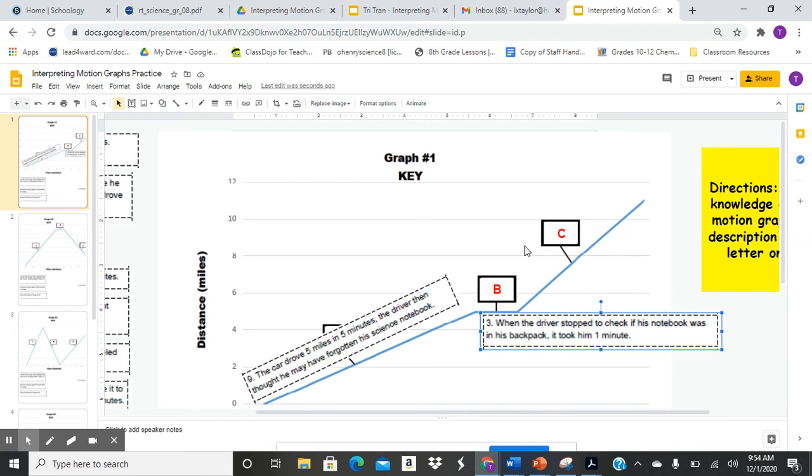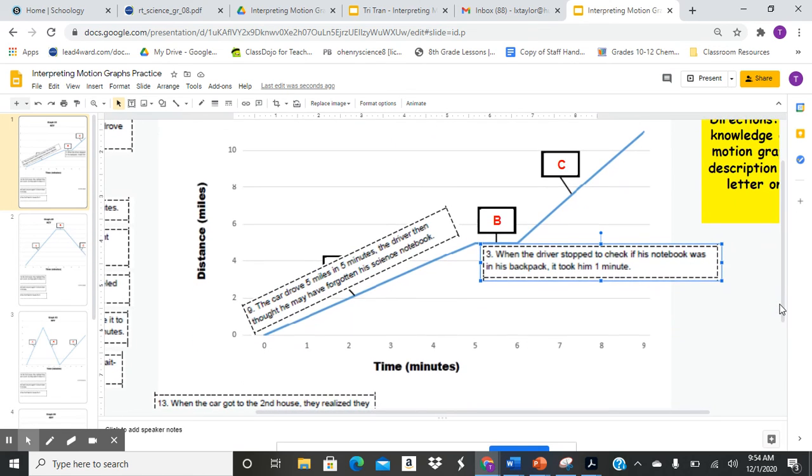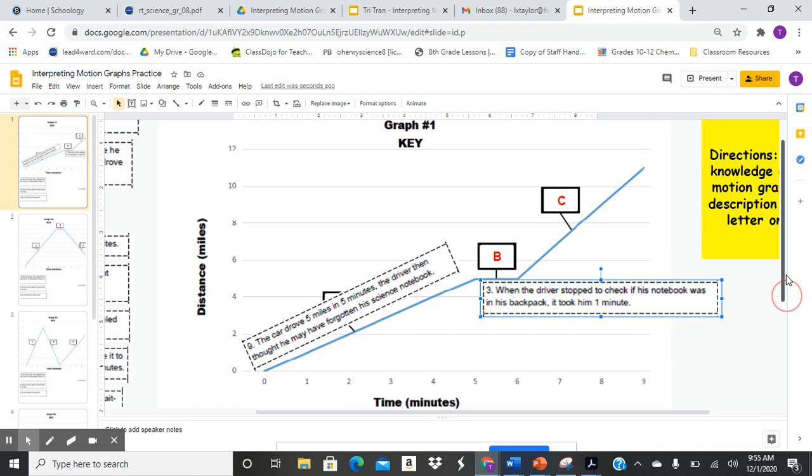Now, if I look at line C, it is going straight up. I know on a distance time graph, a line that's going straight up means that, again, it's moving away from the starting point, and it's moving at a constant speed. If I look at the amount of time it took, about 9 minutes, it went from here, which is 5 miles, to here, which is 11 miles.